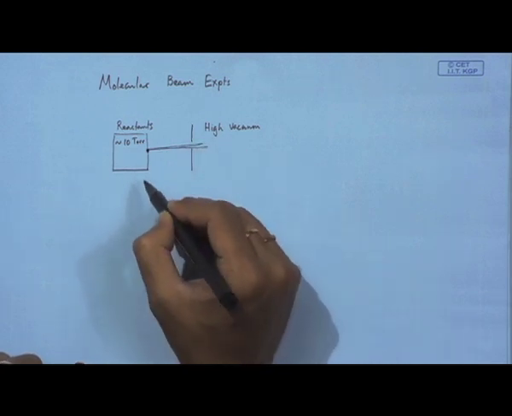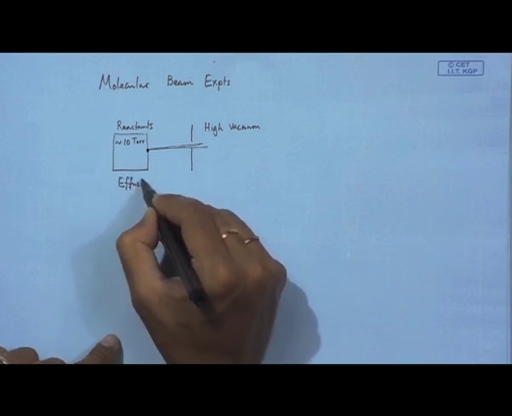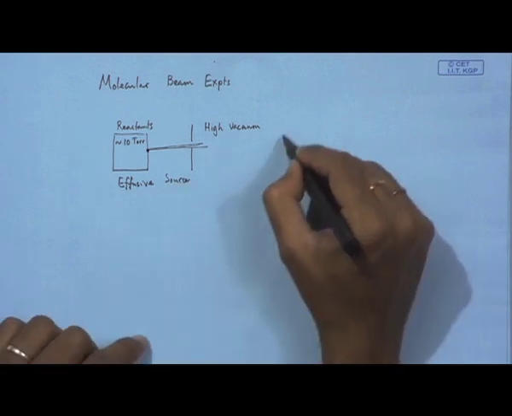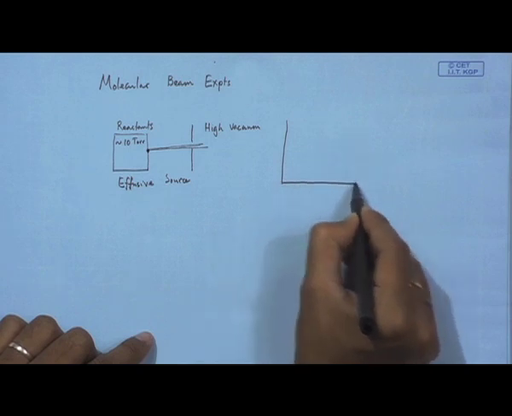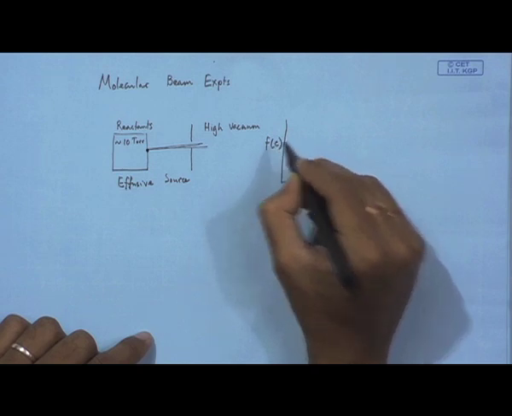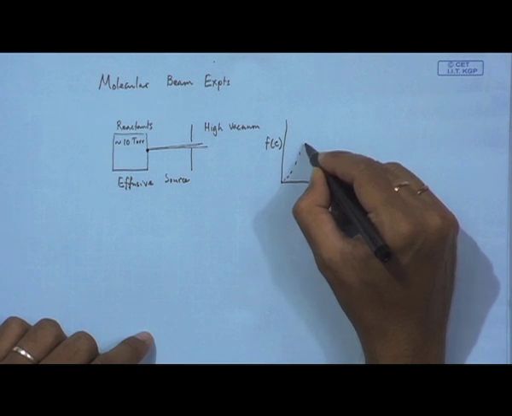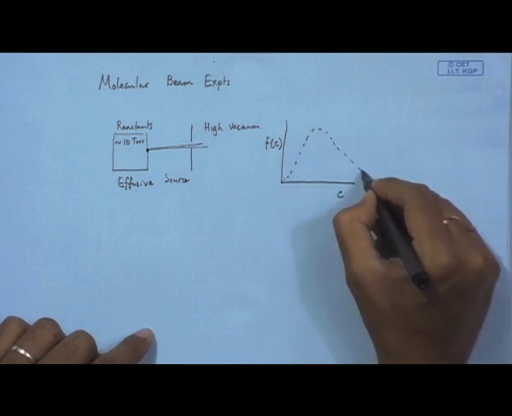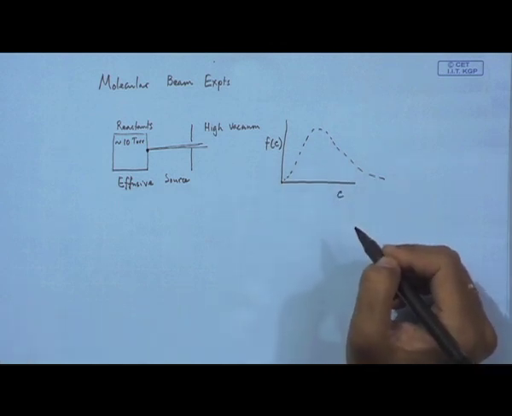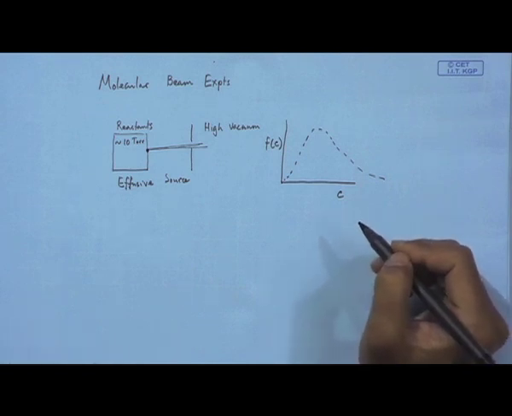This source will act as an effusive source. And the distribution of various speeds will be something like this. It's like this distribution of speed, and the average energy will be on the lower side.